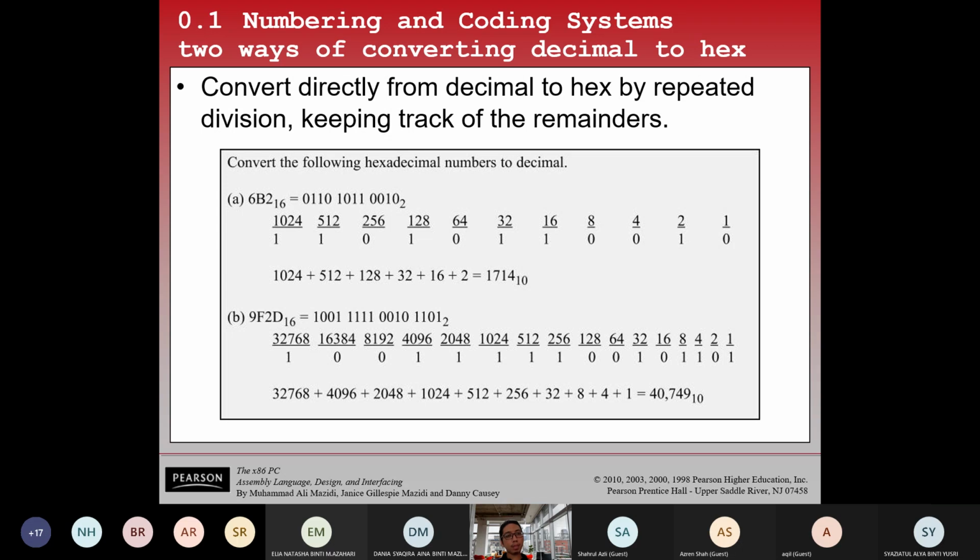And then 9, F, and D. For F, you always know it is 1, 1, 1, 1. 9 is 1, 0, 0, 1. And 2 is 0, 0, 1, 0. And D is equivalent to what? 13, right? Because B is 11, C is 12, D is 13. So 13 is 1, 1, 0, 1. So that's how you get the answer.